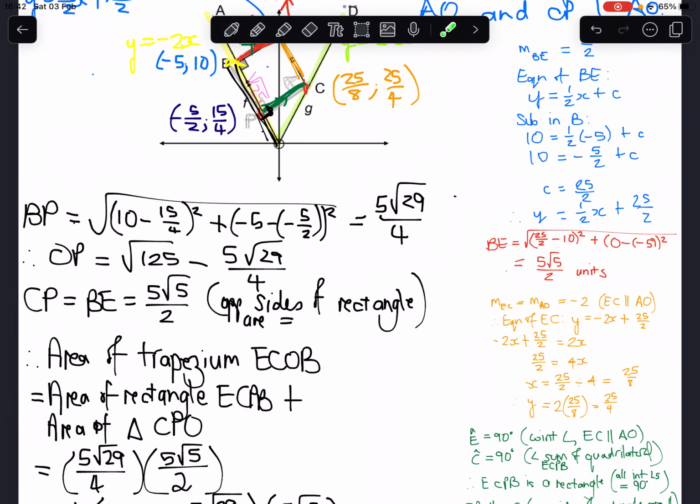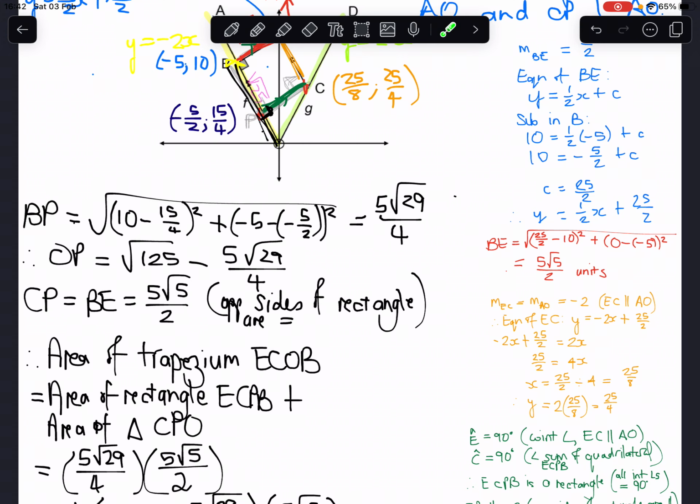So we have 25/2 is equal to 2x plus 2x. And so x is equal to 25/2 divided by 4, which is the same as timesing by a quarter. So 25/8, I'm happy with. So that's the x-coordinate of C. Then we found the y-coordinate, which is 2 times 25/8, which is the same as 25/4.